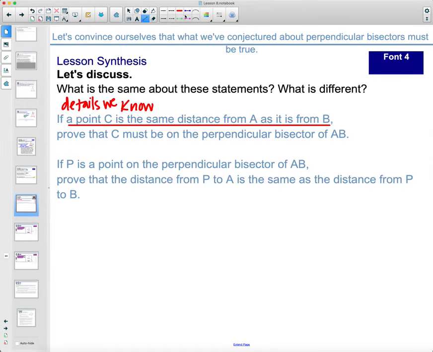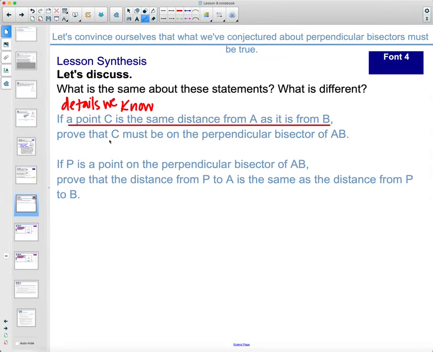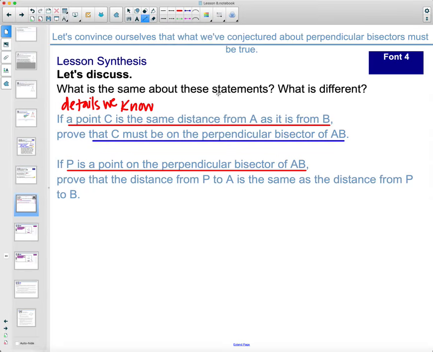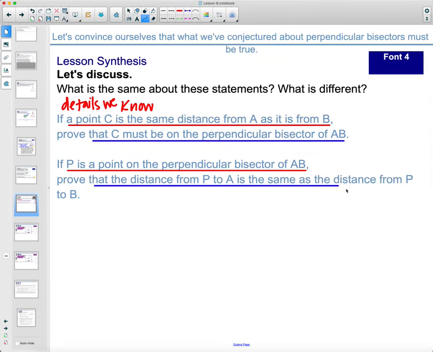This is what we're trying to prove. So prove that C has to be on the perpendicular bisector. These are flip-flopped in the statements, right? In this next one, we know P is on the bisector, and then we're trying to prove the length. So prove P is the same distance.